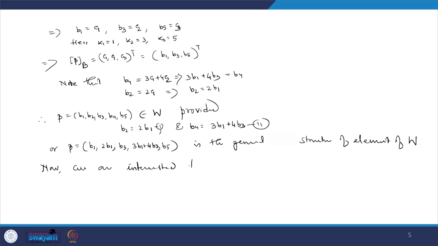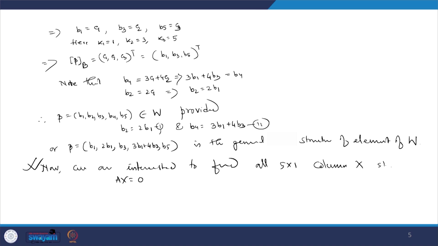Now we are interested to find all 5 cross 1 column matrices capital X such that Ax equal to 0. I mean the solution space of the system Ax equal to 0. Now, the solution space of the system Ax equal to 0 is equivalent to the solution space of the system Rx equal to 0.